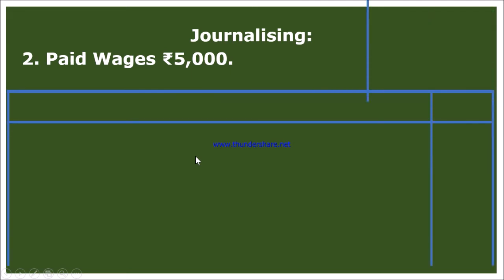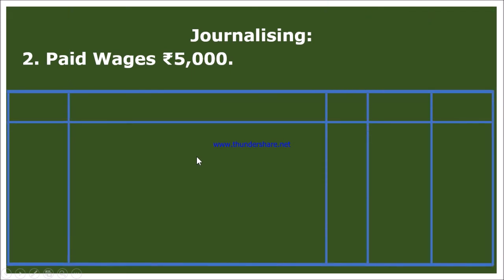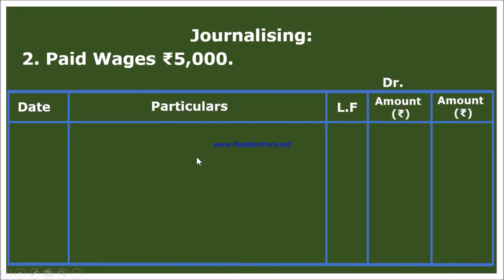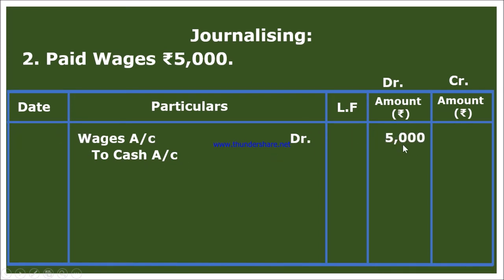You already know how to prepare the format and what to write in it. First, wages account debit, then to cash account, and the amount 5,000 you have to write on the debit side as well as the credit side. Don't forget to write the narration, and that narration is paid wages.